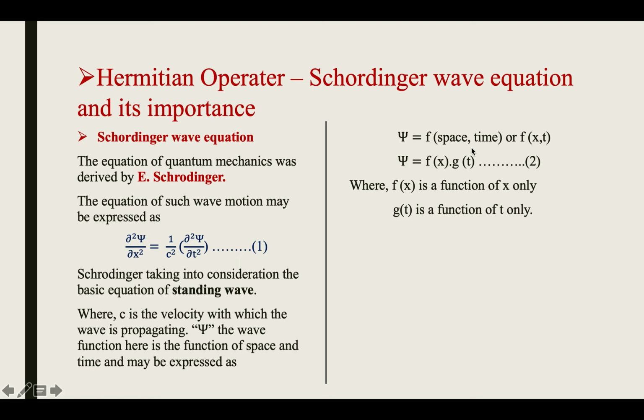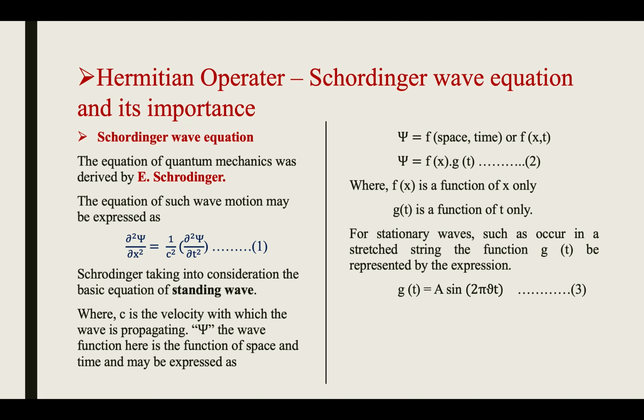Here space is one dimension, which is why only x is coming in, and you can make two different functions: psi equals f(x), a function of x only, and g(t), a function of time only. This will become equation number 2.